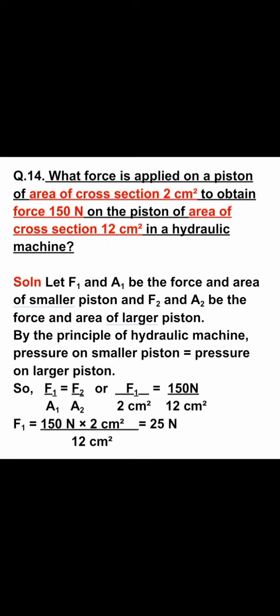So let's use the formula F1 by A1 equals F2 by A2, or F1 by A1, whose value is 2 centimeter square, equals 150 Newton, the value of F2, by A2, whose value is 12 centimeter square. So when simplified, F1 equals 150 Newton into 2 centimeter square whole divided by 12 centimeter square. After simplification, we will get F1 as 25 Newton.